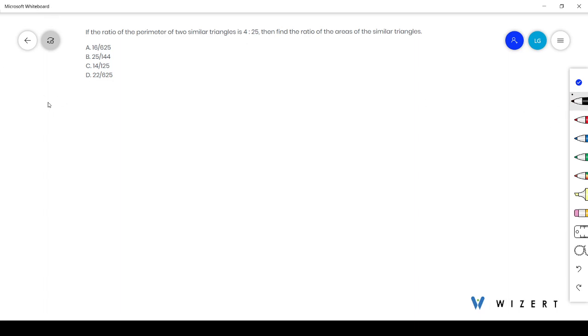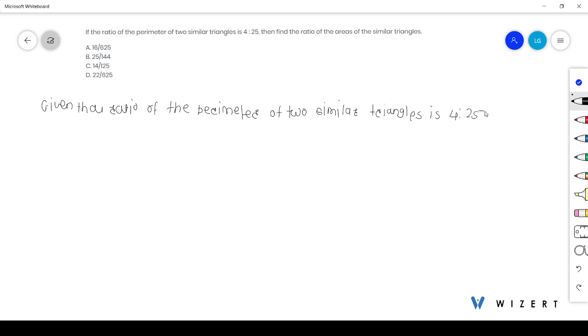Given that the ratio of the perimeter of two similar triangles is 4:25.